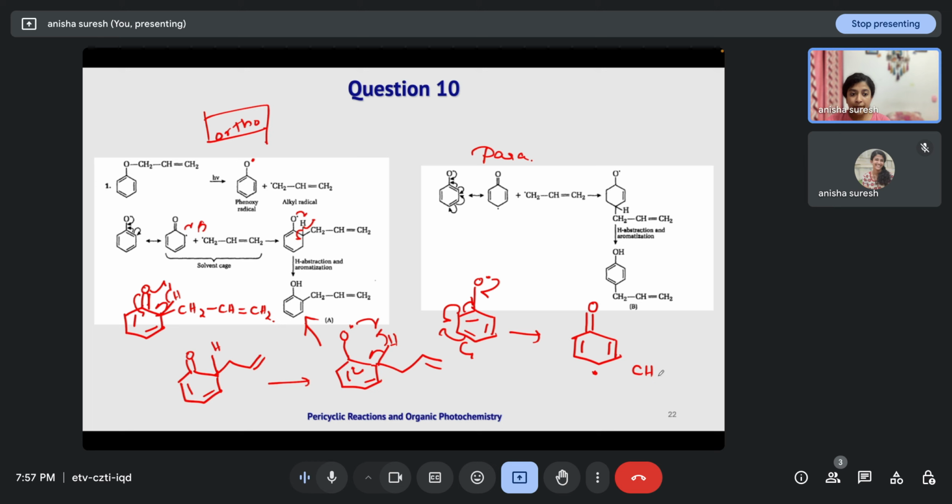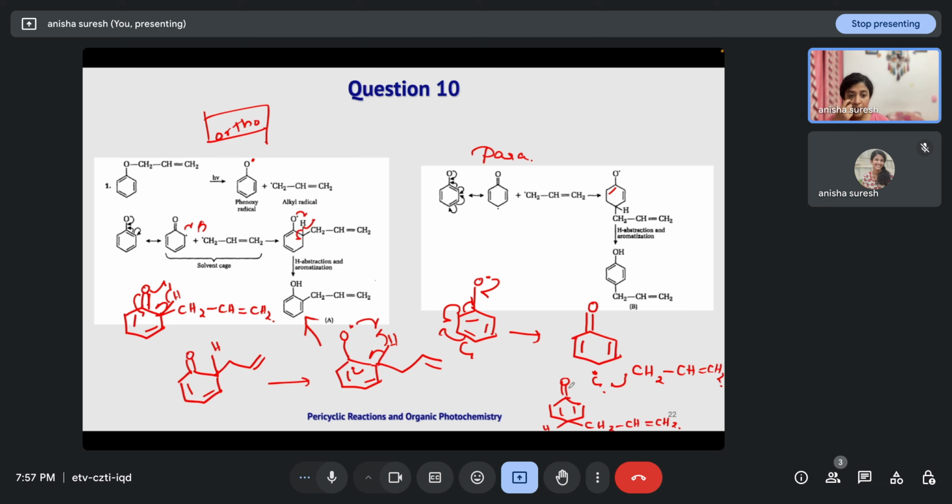It can recombine with the CH2 CH double bond CH2, leading to, here what they have drawn should be like this. Okay, or it should be like this: double bond of CH2.